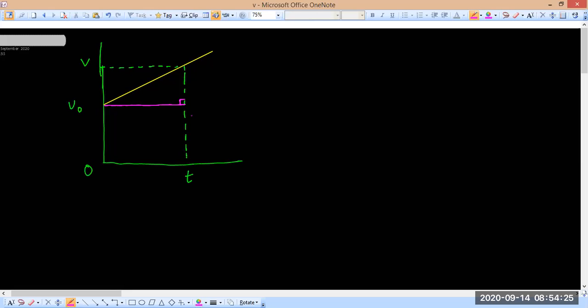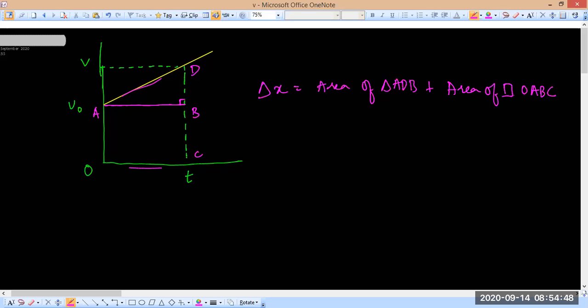This is A, this is B, this is C, and this is D. This displacement is the area between this line and the x-axis, so it should be the area of triangle ADB plus the area of rectangle OABC.